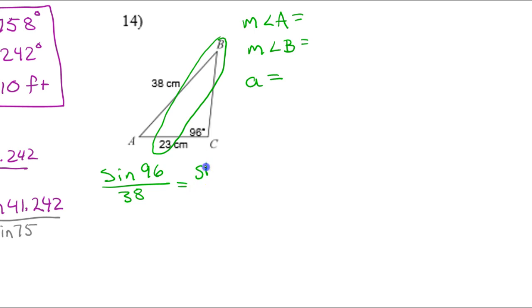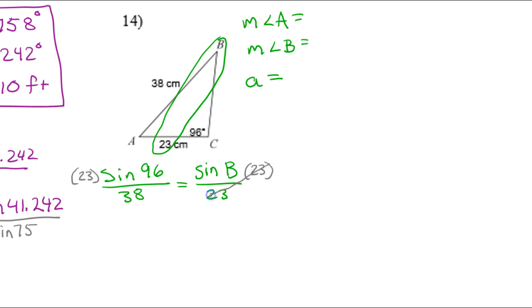So I'm going to say the sine of angle B over the 23. I don't really need to cross multiply. I'm trying to get sine B by itself. The easiest way to do that is just to multiply both sides by 23.